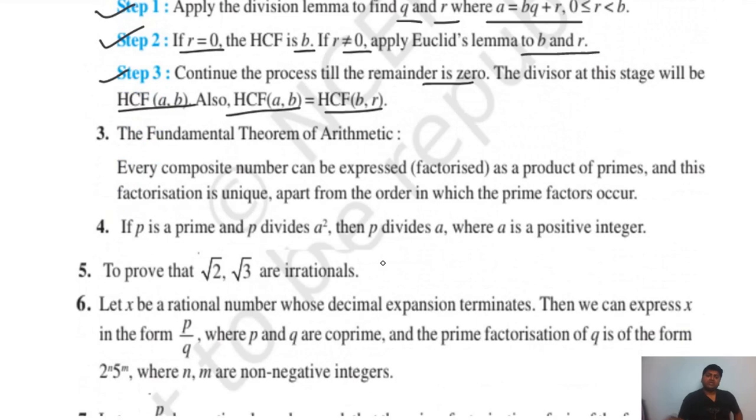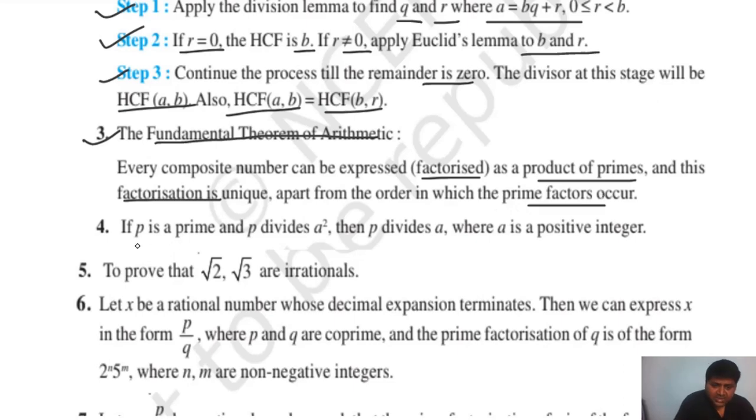Here we use another theorem, called the fundamental theorem of arithmetic. Every composite number can be expressed as a product of primes, and this factorization is unique, apart from the order in which the prime factors occur, that is, ascending or descending order.